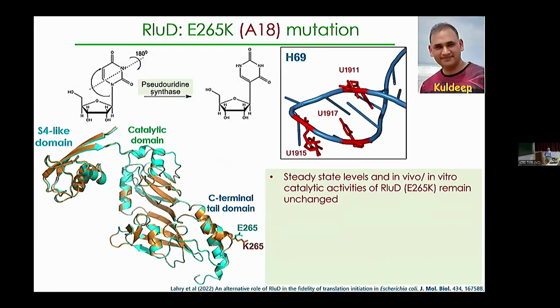What Kuldeep noticed was that the steady state levels and the in vivo and in vitro catalytic activities of this mutant were unchanged. So this enzyme was expressed in the cell exactly at the same level as the wild type enzyme. And if you look at the catalytic activity of these two proteins, mutant and wild type, they are also identical.